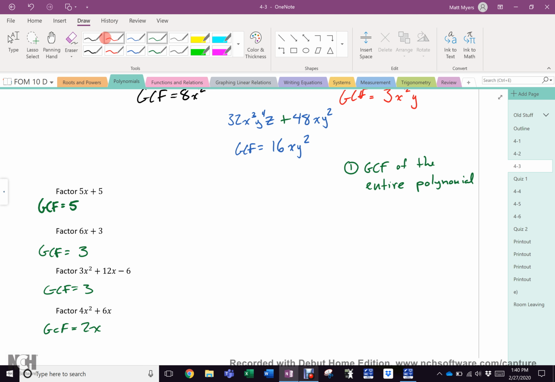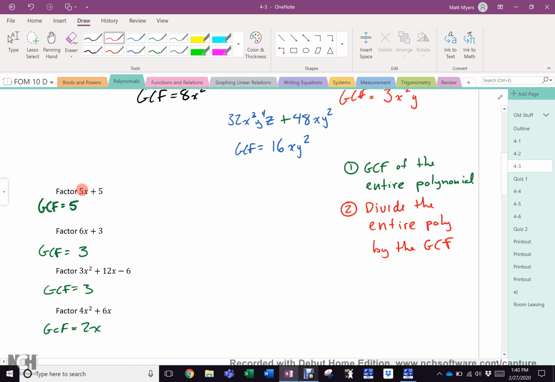Excellent. All right, the next thing we do is we divide the entire polynomial. I'm just going to write poly because I'm lazy. By the GCF.